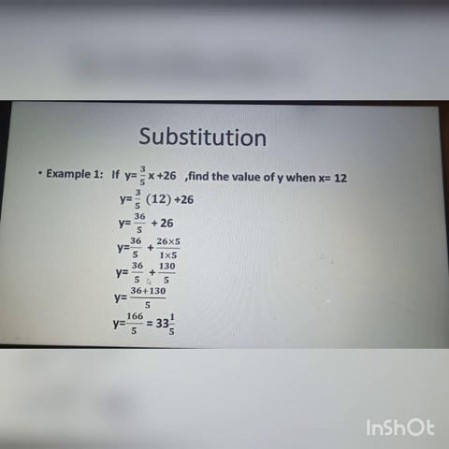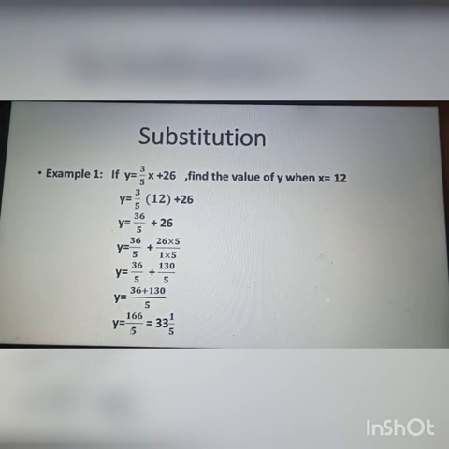So when denominators are the same, you can add the fractions together. 36 plus 130 by 5 is 166 divided by 5. And as it's an improper fraction, you need to convert it into a mixed number, and you will get 33 whole 1 by 5 as the answer.